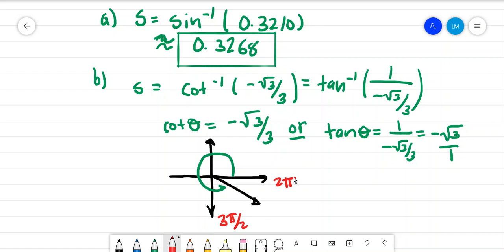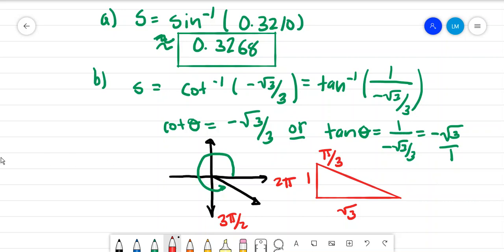Now, here's where it gets a little tricky. We either need to look at it as cotangent of negative root 3 over 3, or we need to look at it as tangent of negative root 3 over 1. In that case, I'm going to use the latter because I happen to know that the angle measure that gives me opposite over adjacent to be root 3 over 1 is when it's pi over 3.